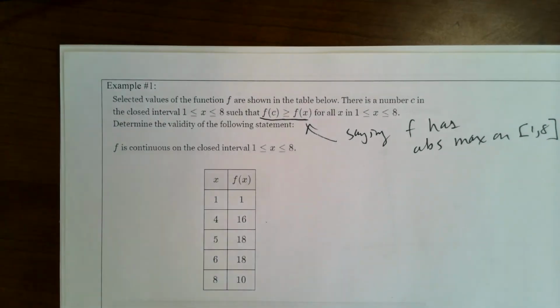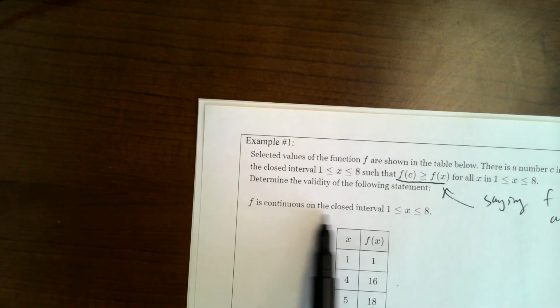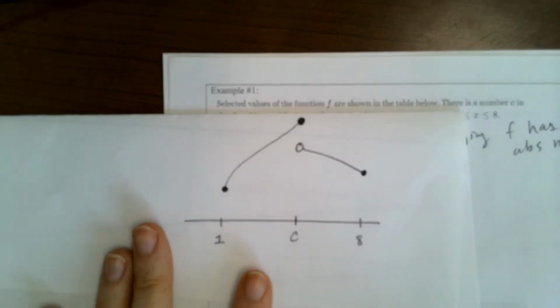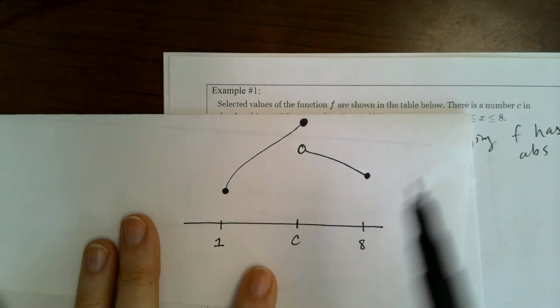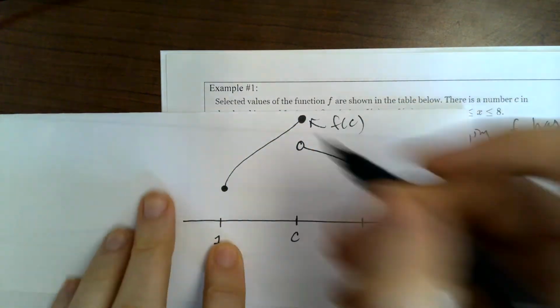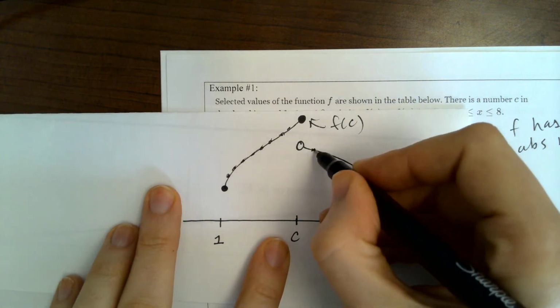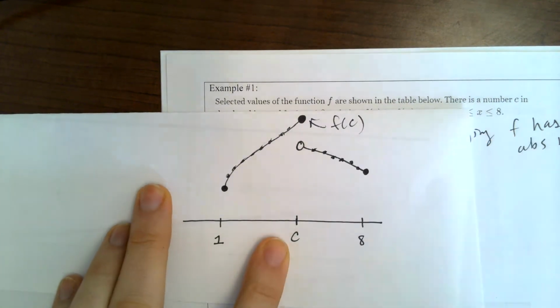Guys, just because f has an absolute max on the interval does not necessarily mean that it's continuous. And I gave you here a little example. Here's a situation where f of c, okay, here's all the other f of x's.